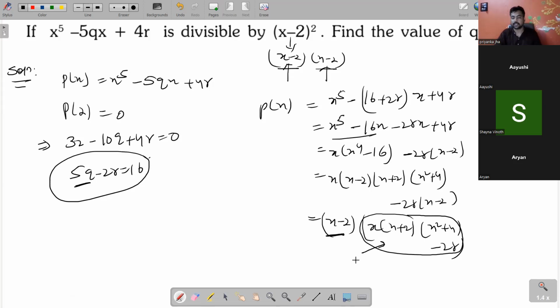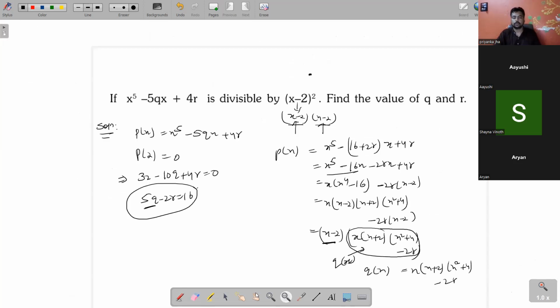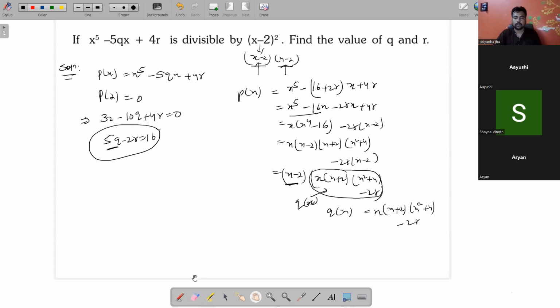Suppose I call this q(x), x(x plus 2)(x square plus 4) minus 2r. It means x minus 2 should be a factor of this, so if I put x equal to 2 here, q(2) must be 0. Then only we can say that this is divisible.